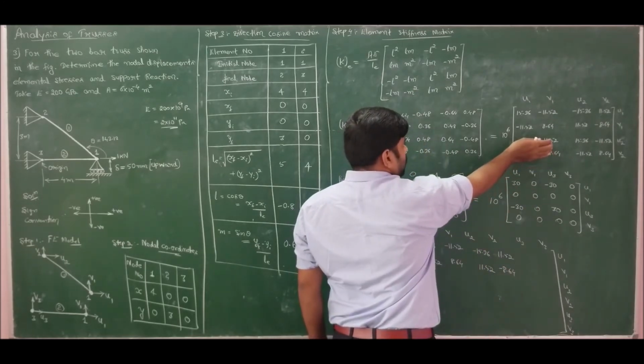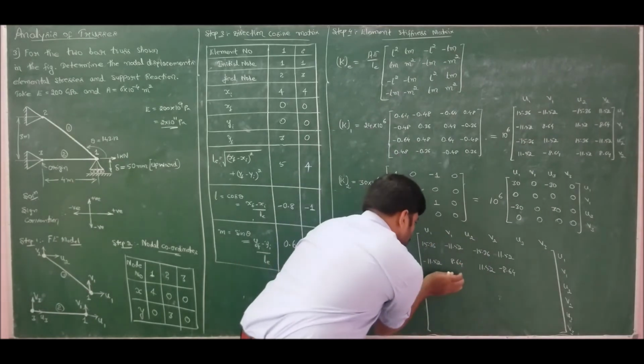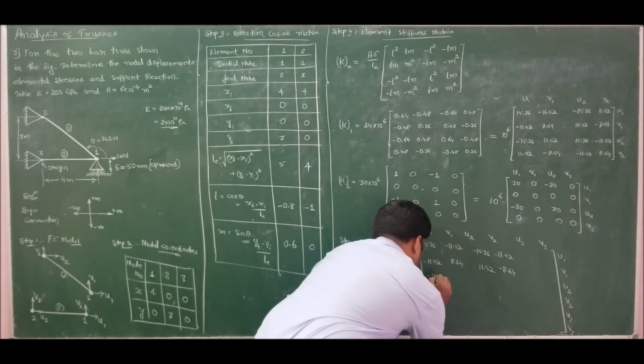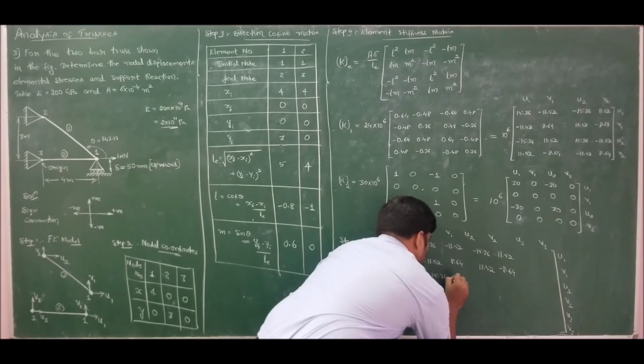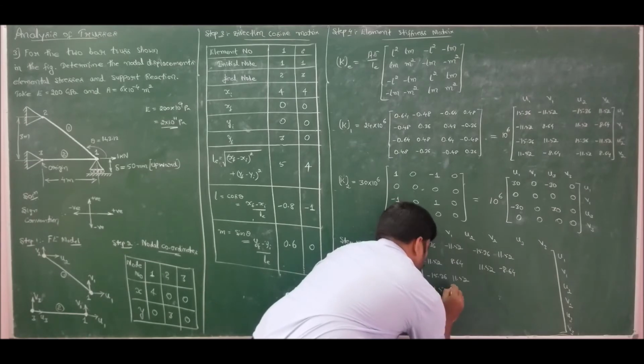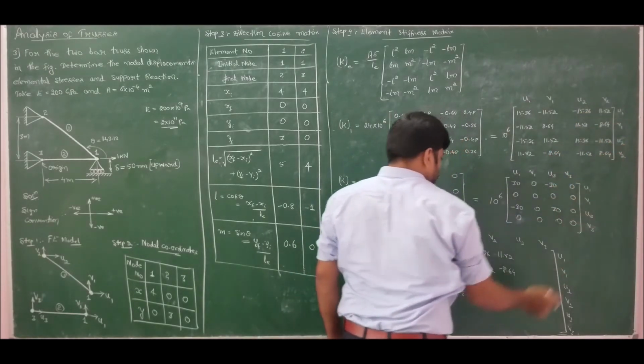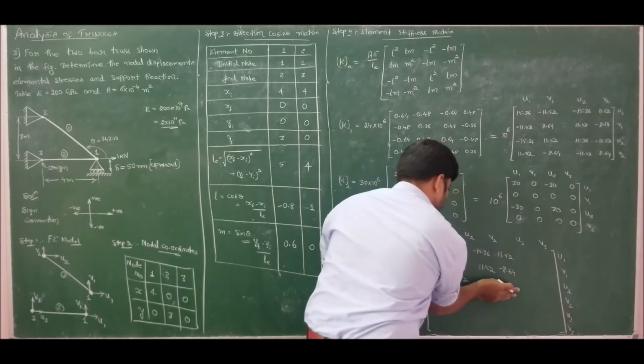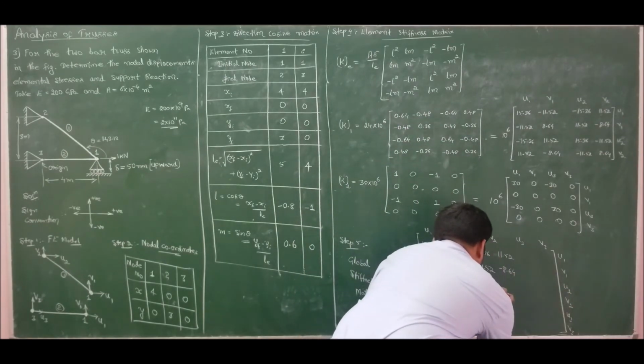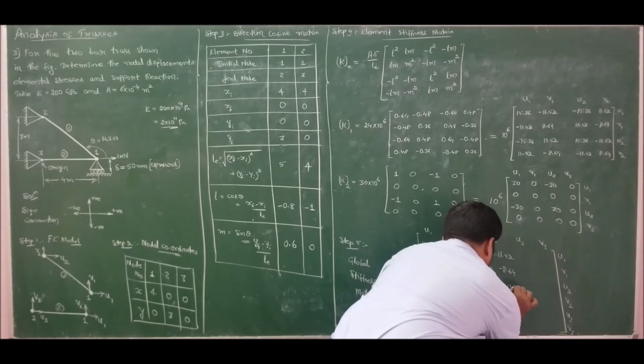Coming for these 4, U1 V1 cross U2 V2 will come here: minus 15.36, minus 11.52, minus 11.52, minus 8.64. Taking the last 4, U2 V2 cross U2 V2 will come here. We have 15.36, 11.52, 11.52, 8.64.